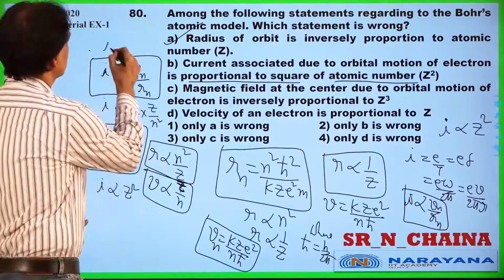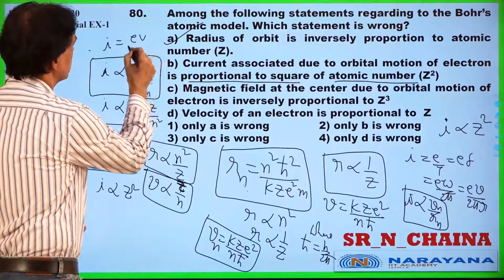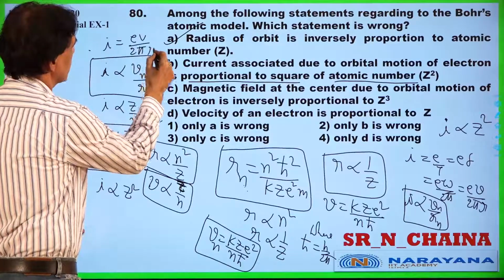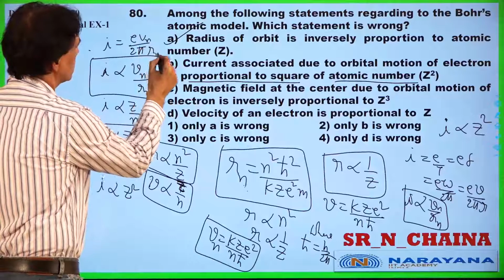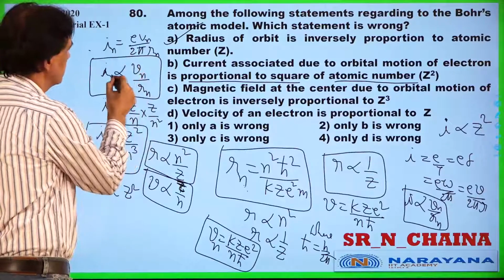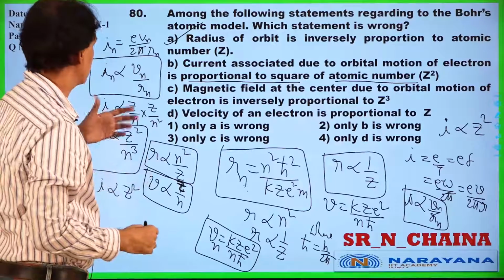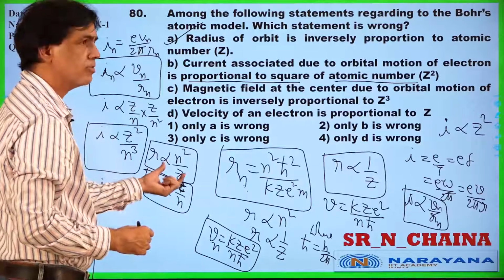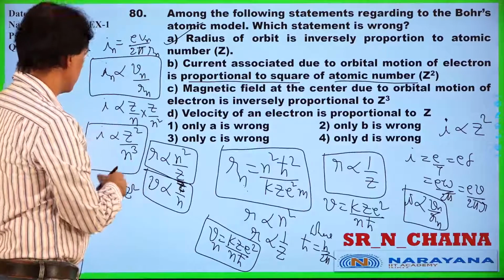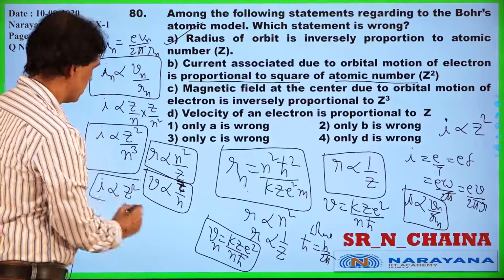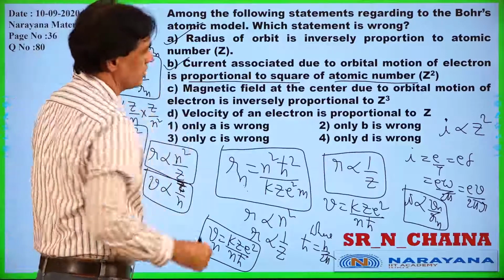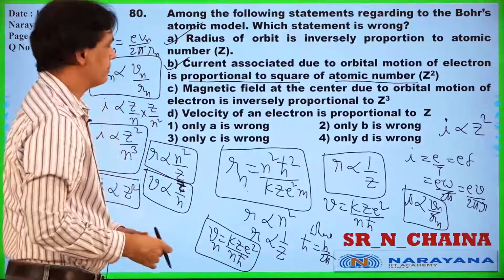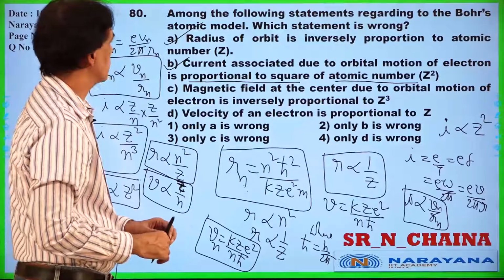If current is in the nth orbit and I substitute for v_n and r_n, then we can understand that I is proportional to Z square. That's it. That means our second option is also correct.